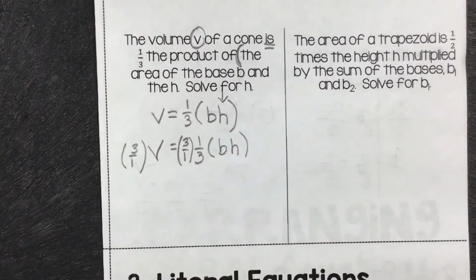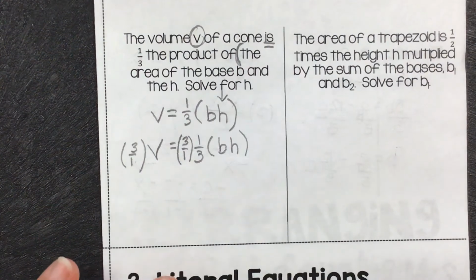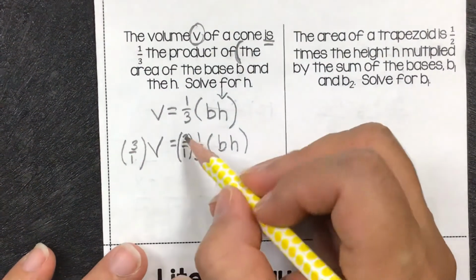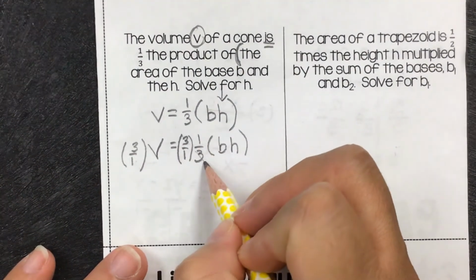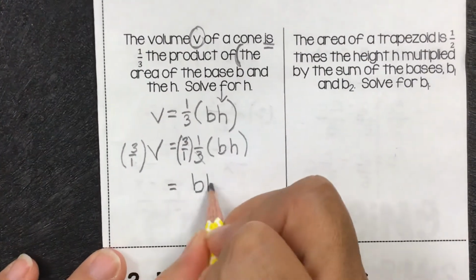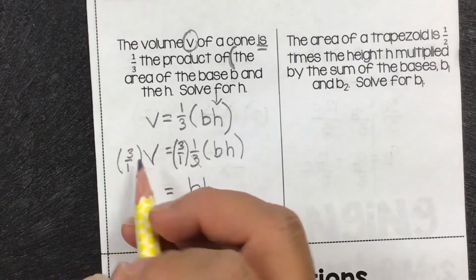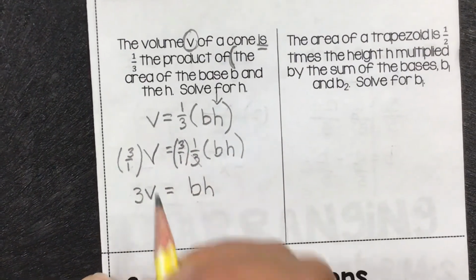This is the multiplicative inverse. To remind you what it does, it simplifies this, so it cancels it out, leaving us with BH. So this can also be simplified and just leave us 3V.